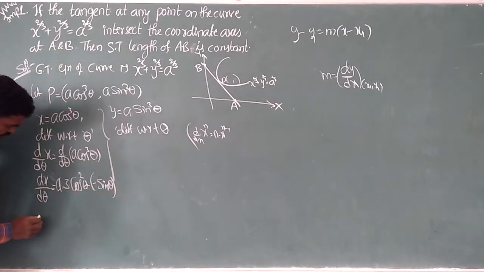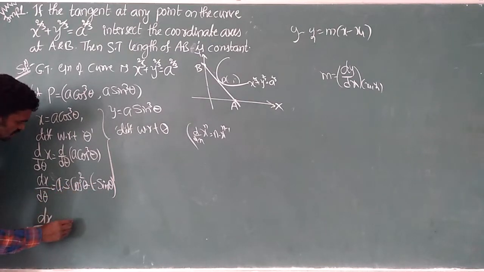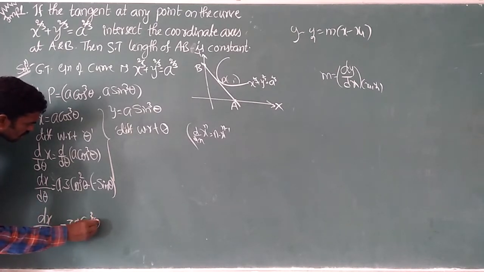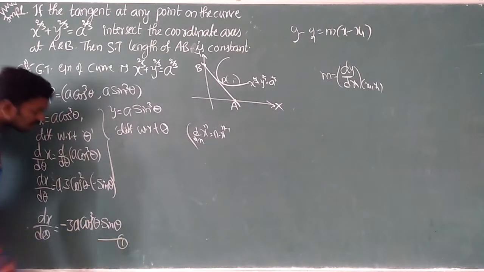So dx by d theta is equal to minus 3a cos square theta into sin theta. Let us take this as equation 1.